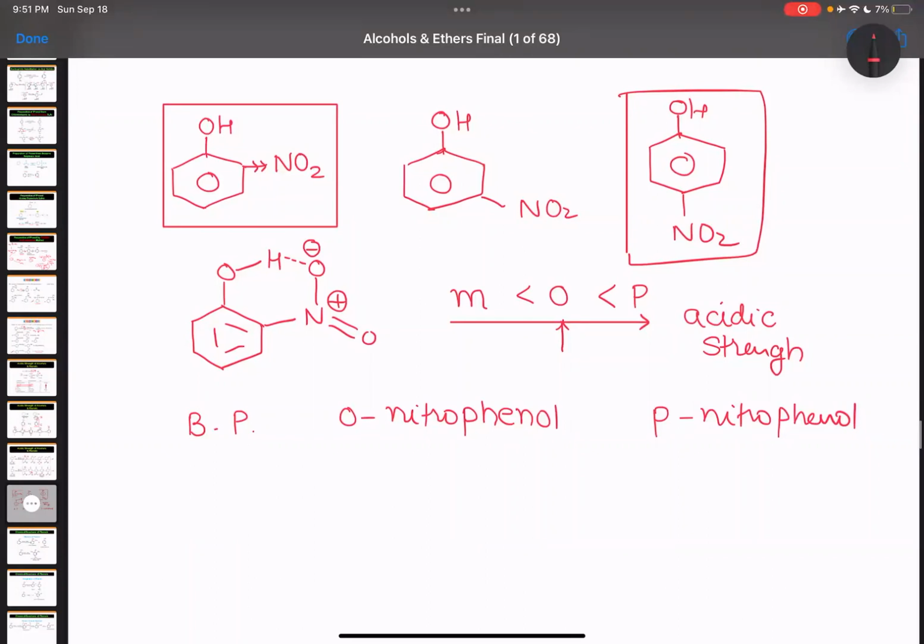So maybe the boiling point of orthonitrophenol is higher. Is it higher or lower? But I actually don't remember.